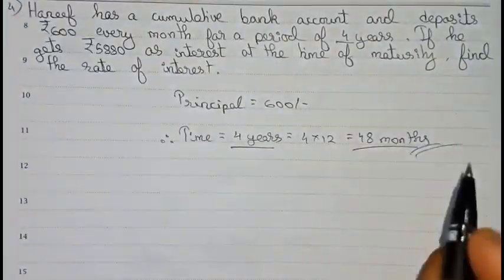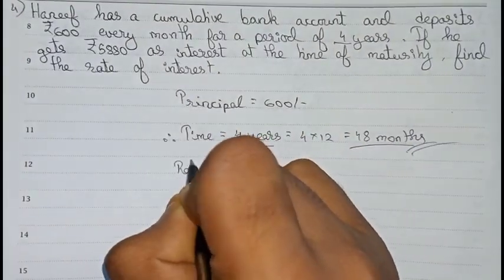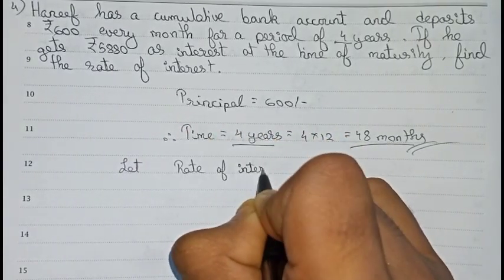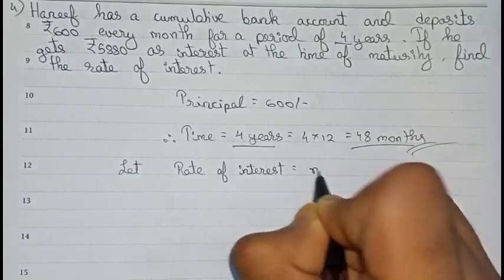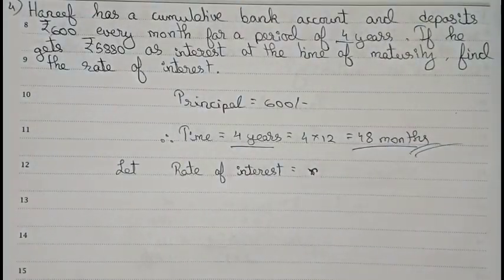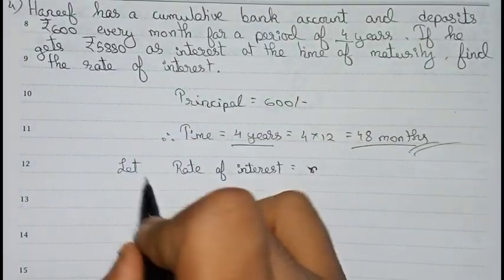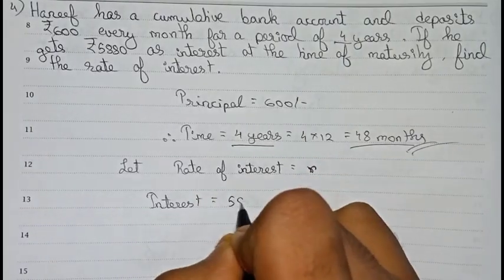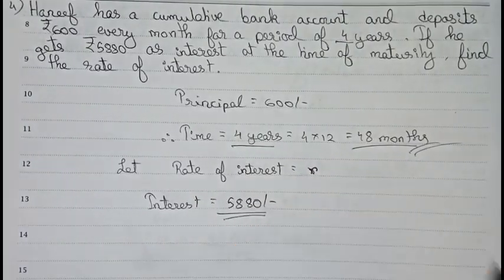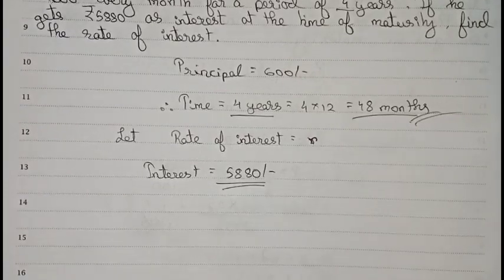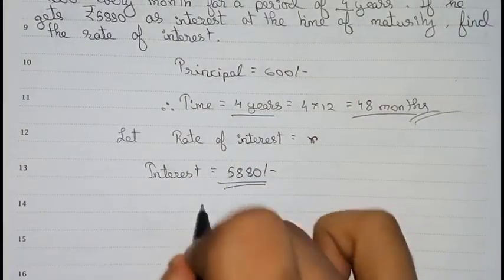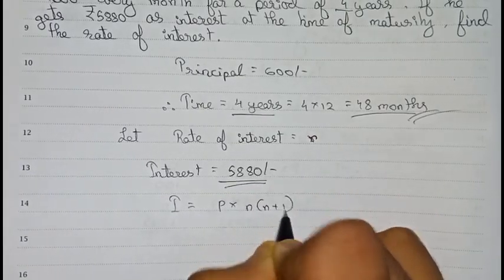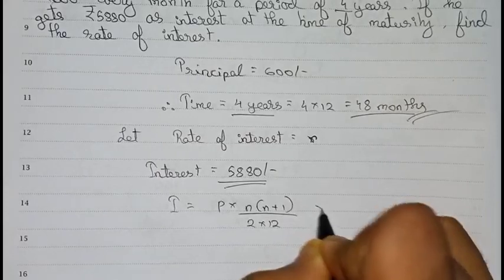So rate of interest we have to find out. Let rate of interest be r. We take rate of interest as r, and interest is given 5880. With this information you have to find out the rate of interest. The original formula we will use, interest is equal to principal into n plus 1 by 2 into 12 into r by 100.